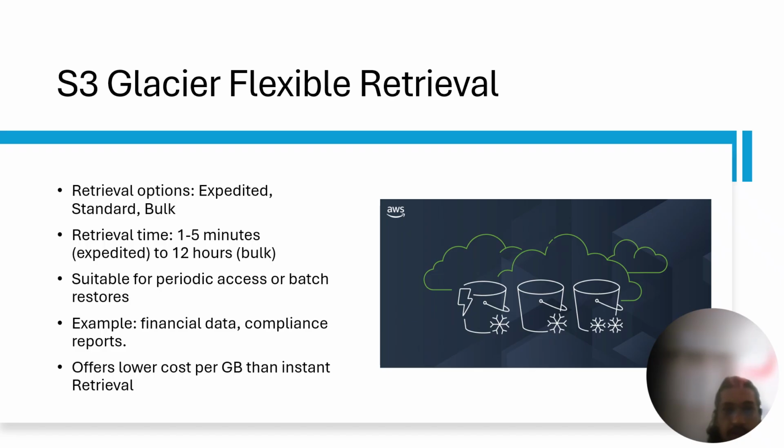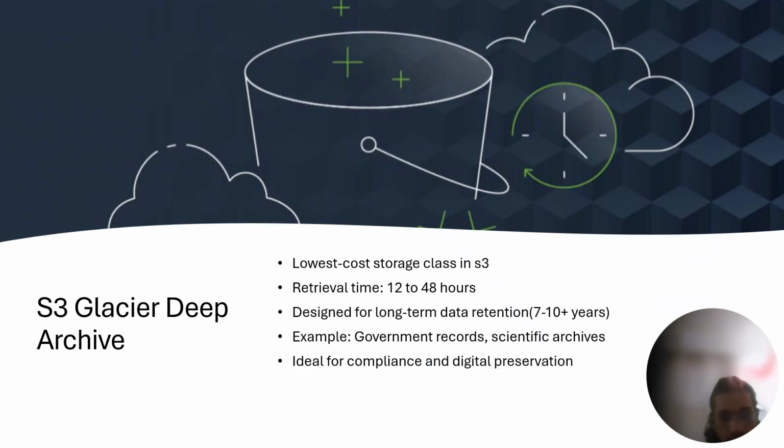Moving on. Last but not least, S3 Glacier Deep Archive. It is the most economical storage class in AWS. It's designed for data that is stored for years but rarely accessed, like government data, legal records, or historical research data.